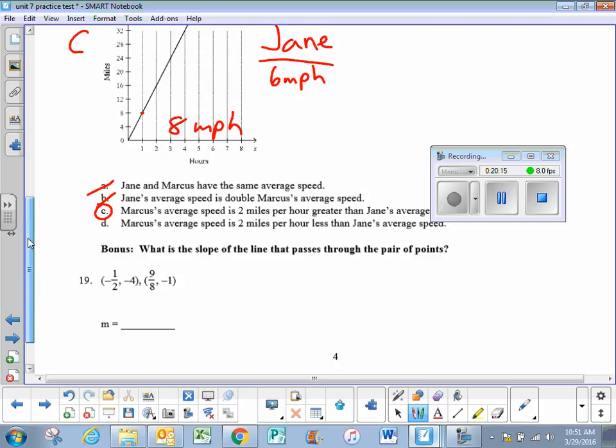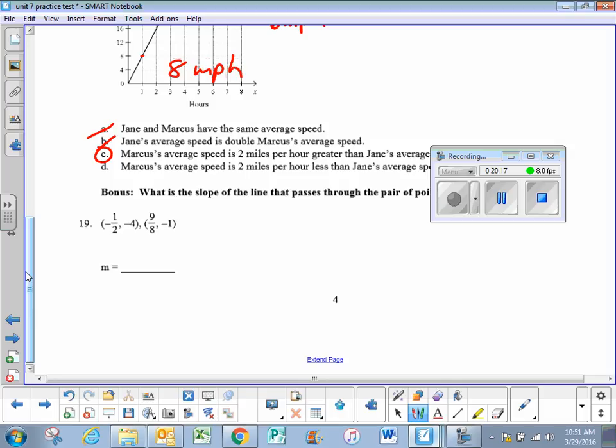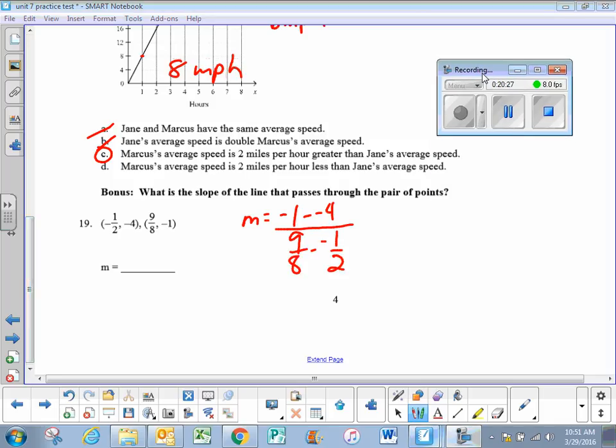And then the bonus. This is a fun one. So M is -1 minus -4 over 9/8 minus -1/2. Just so you know, the bonus will be easier tomorrow, but this is a fun one. So we get 3 over, what's 9/8 plus 4/8? 13/8.